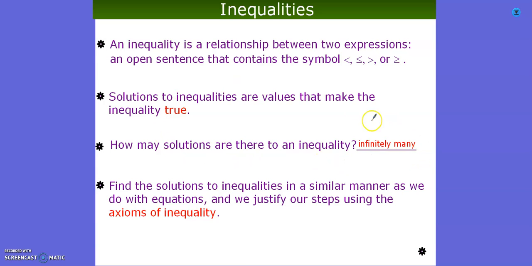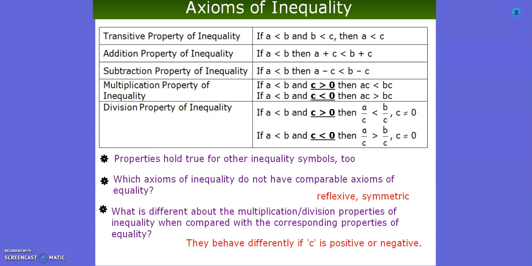Solutions to inequalities are values that make the inequality true. There are infinitely many solutions to an inequality. In order to find our solutions, we use axioms of inequality, which are basically properties that allow us to do each step. So reviewing, we have a few different properties that will look very similar to those for equations. We've got the transitive property of inequality, the addition property of inequality, and the subtraction property of inequality.